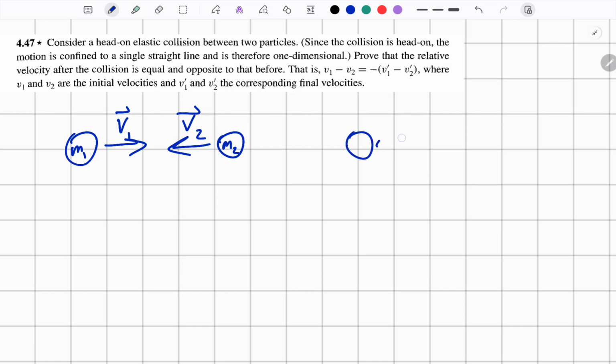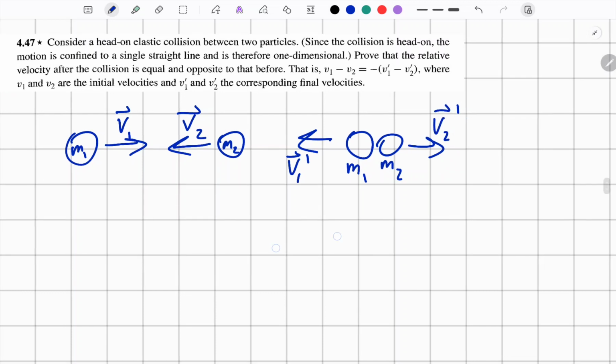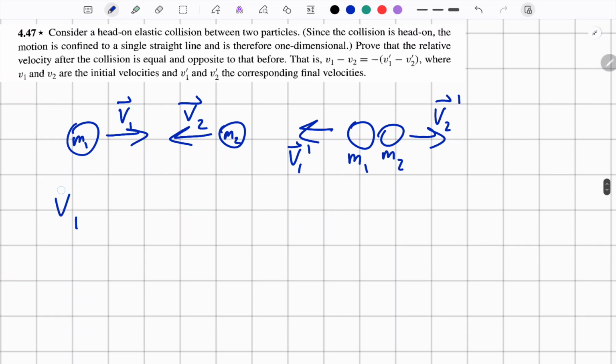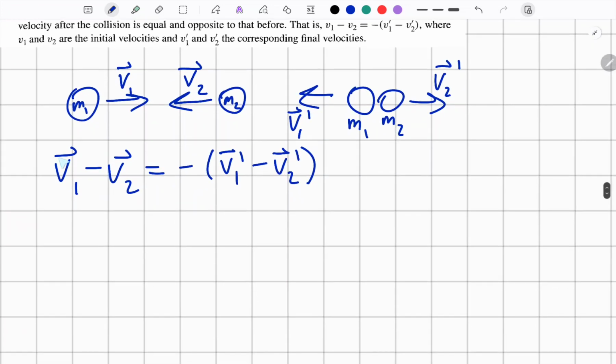After they collide, you can have mass 2 and mass 1 traveling with V1 prime and V2 prime. So we want to show that V1 minus V2 is the exact equal and opposite equivalent of their final velocities. So this is what we're trying to show.